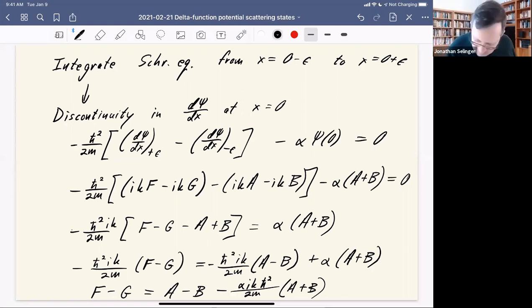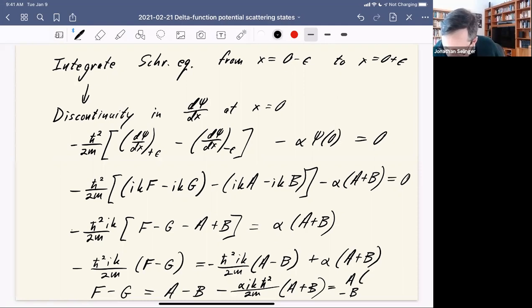So this tells us something about F minus G compared to A and B. So this is A times something and then minus B times something.